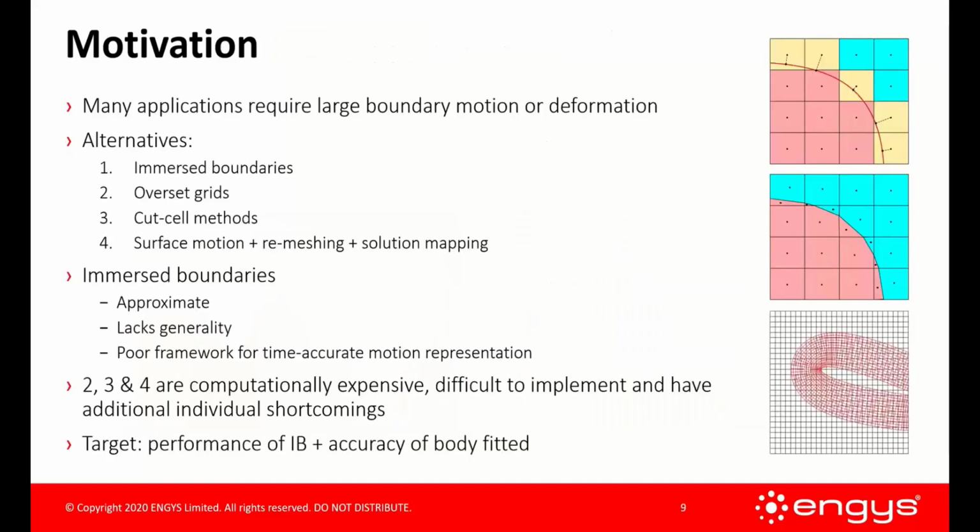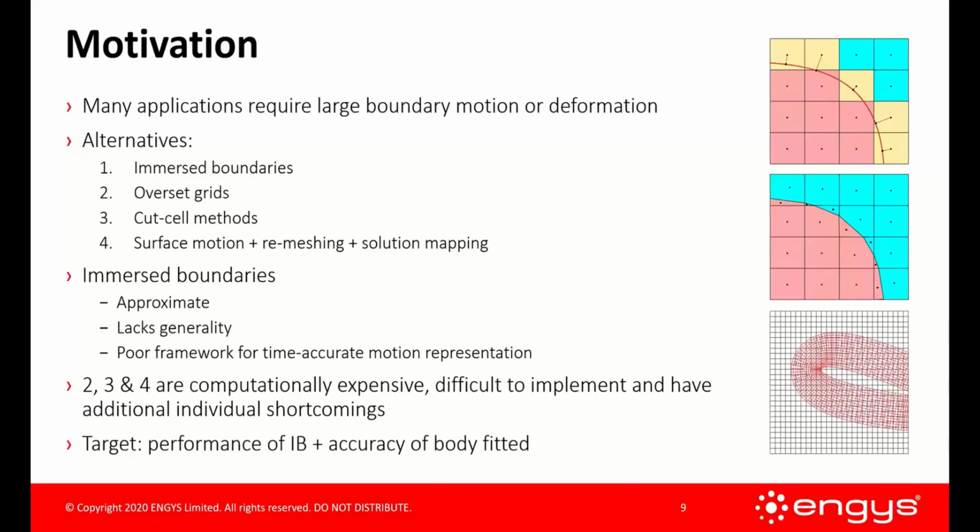We have this motivation to extend it, and we know in CFD analysis that many applications require large boundary motions and large deformation. I showed examples of all of this. There are several alternatives. The first would be immersed boundaries, then overset grids, cut cell methods, and surface motion with remeshing and solution mapping. Immersed boundaries are approximate, maybe lack generality, and are overall a poor framework for time-accurate motion representation.